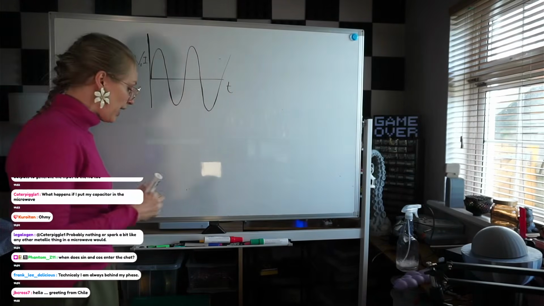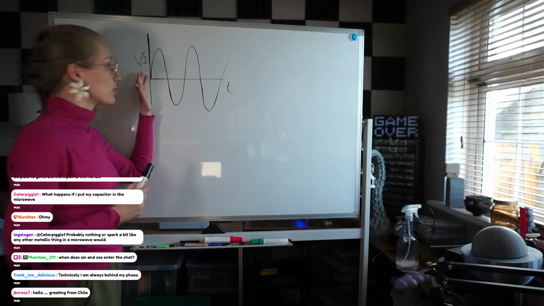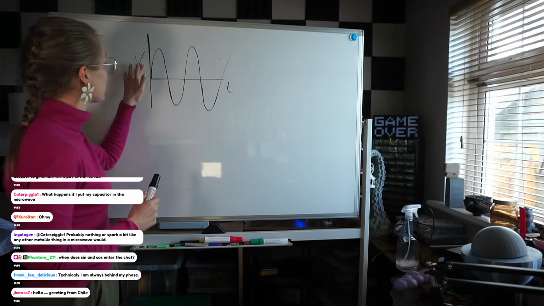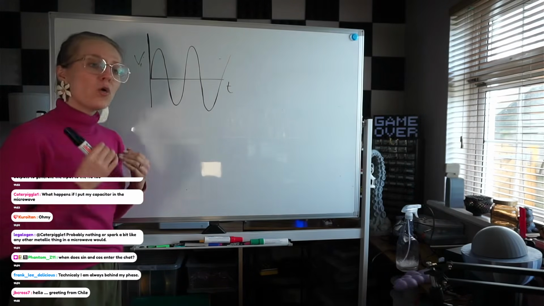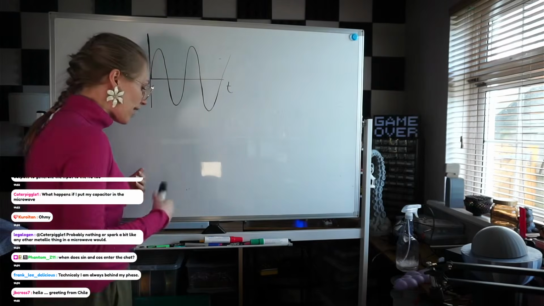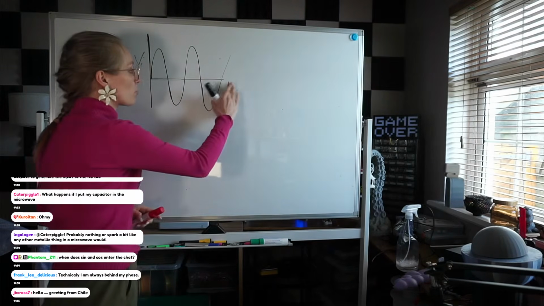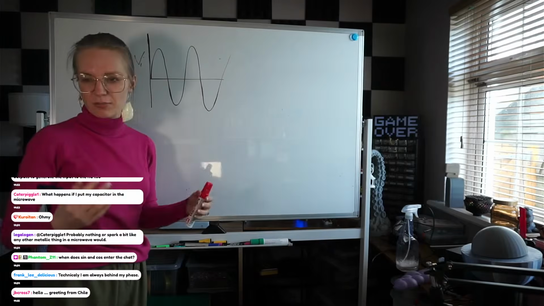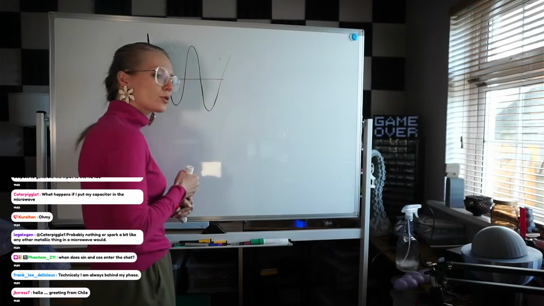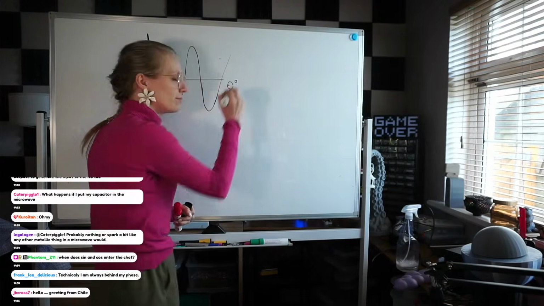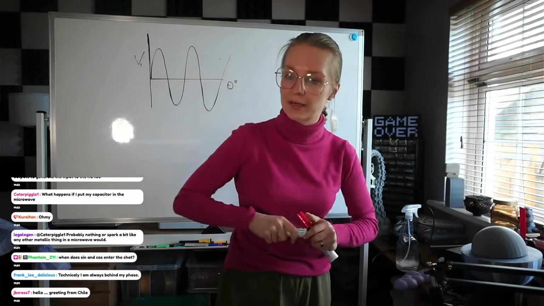Pretty standard. And that could be our voltage source that we're supplying to the circuit. When we say a capacitor is out of phase by 90 degrees, we're going to replace time, because it's not really useful. Instead, we're going to put in degrees.